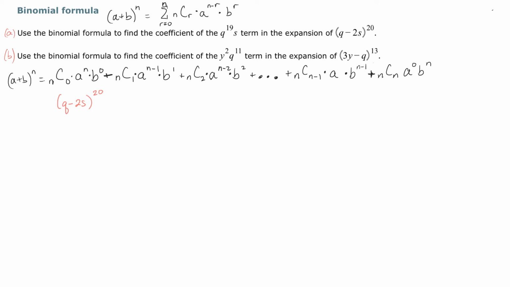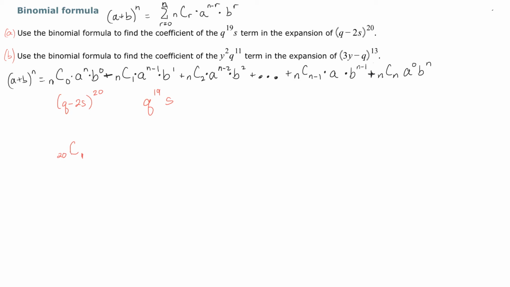We just need to figure out how we get the coefficient of this particular term. According to the pattern, we should do 20 choose 1.